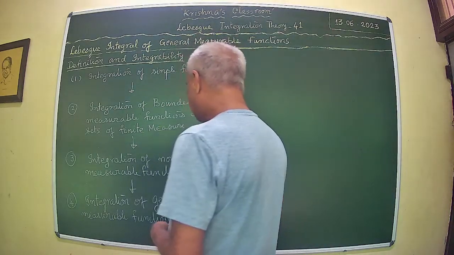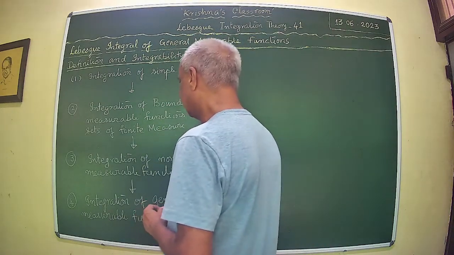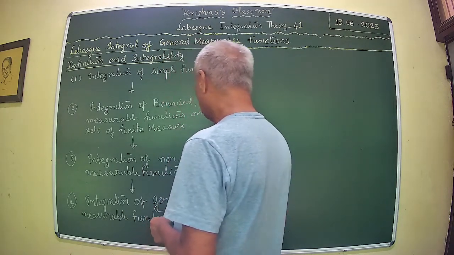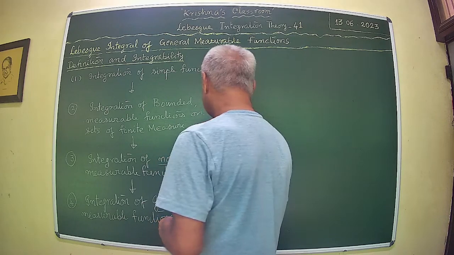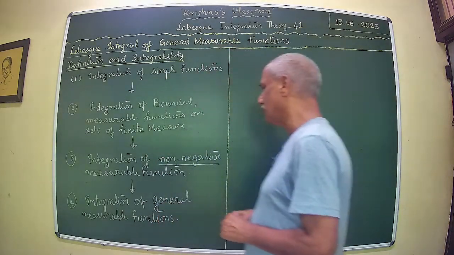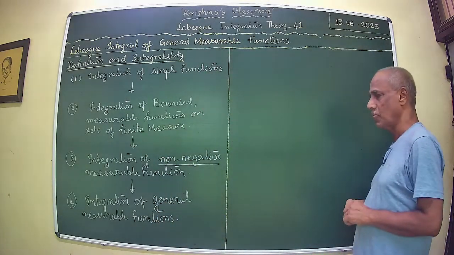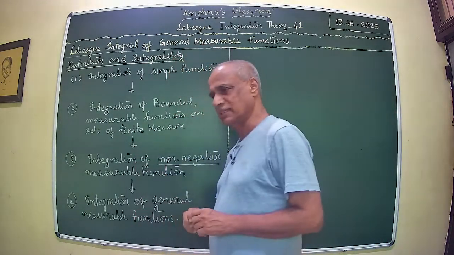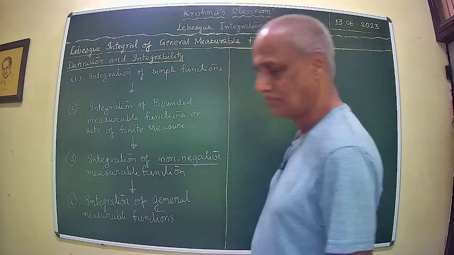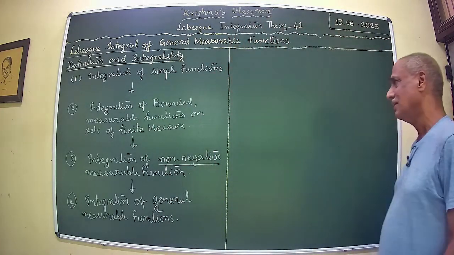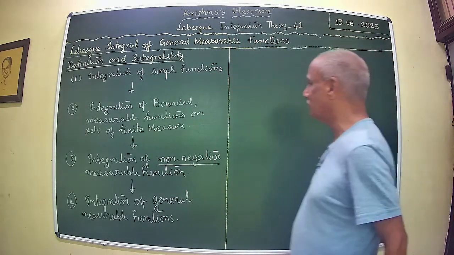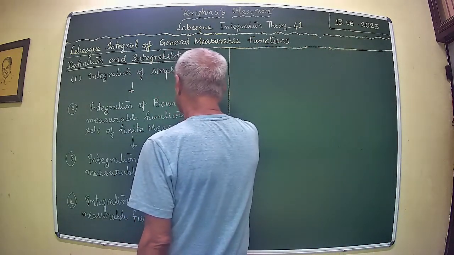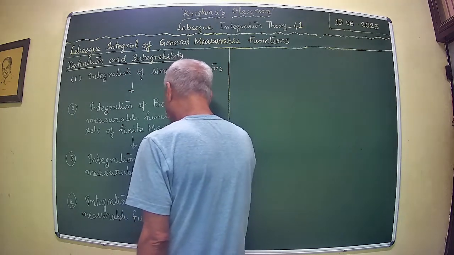Now the final stage is, see, we have done most of the work. The final stage is to use non-negative measurable functions and their integrals to define the integral of general measurable functions wherever it is possible. So that is the strategy. So these are all through approximations. Approximation and limiting process, approximation and limiting process.